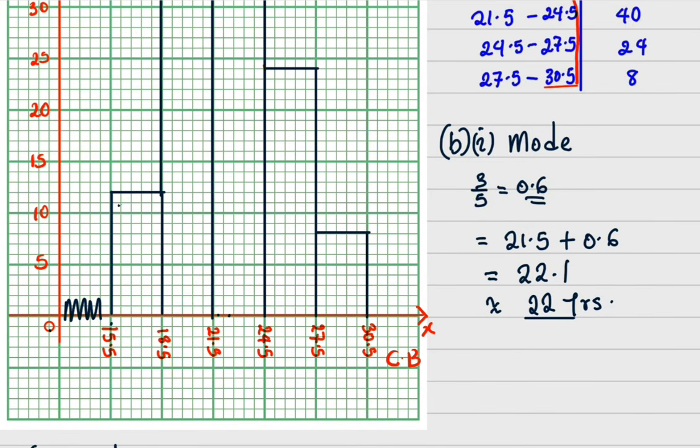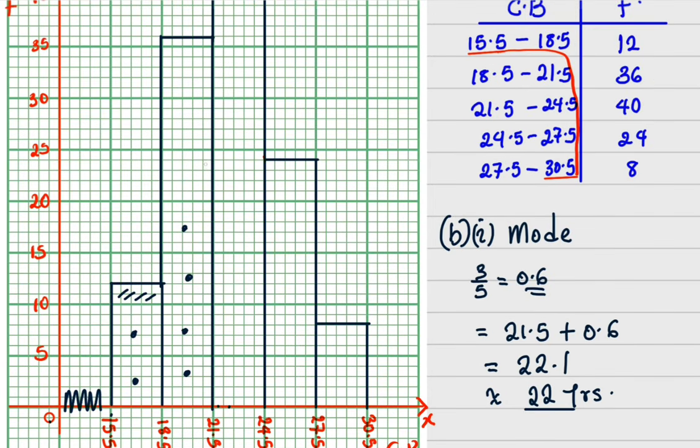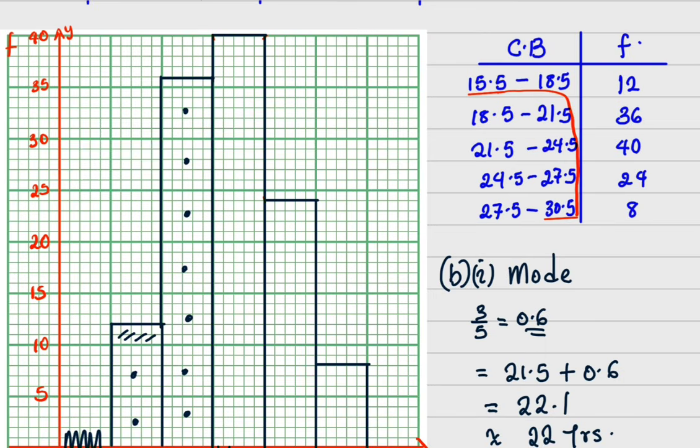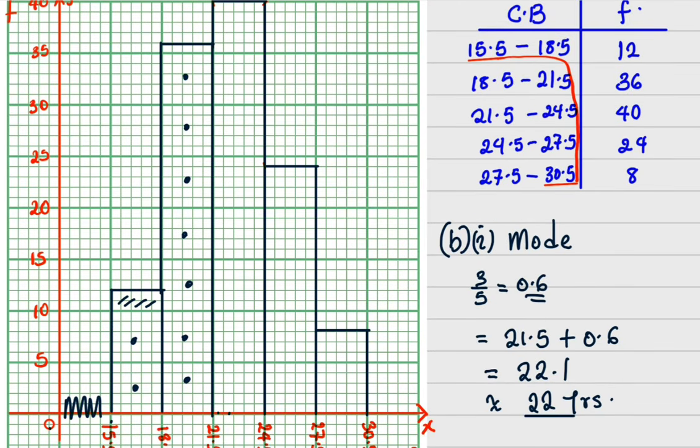I will not count this because it's not up to half of a box. So I will count. This is 1, this is 2, 3, 4, 5, 6, 7, 8, 9. Okay, I have 9, but I need 12. So I need 3 more. But you see, this next one is 1, 2, 3, 4, 5, 6, 7, 8. It's actually more than 3.